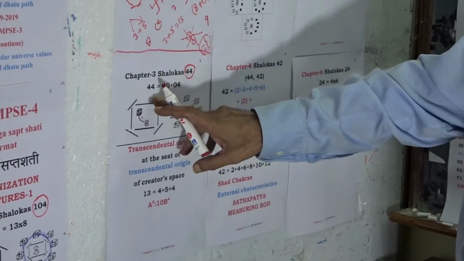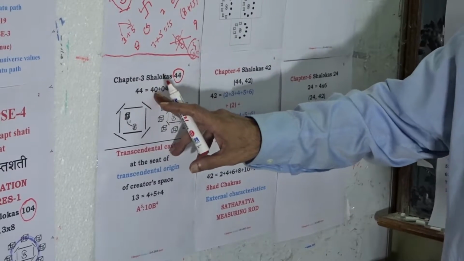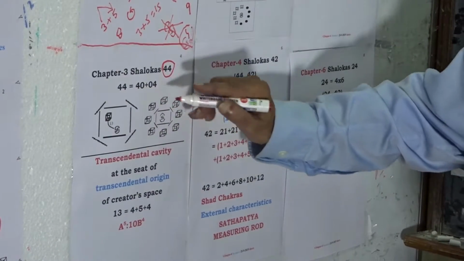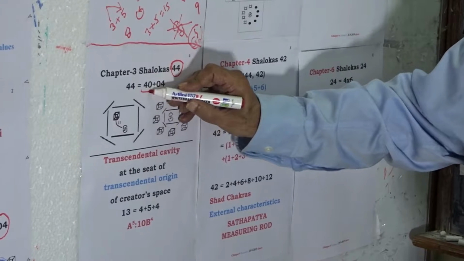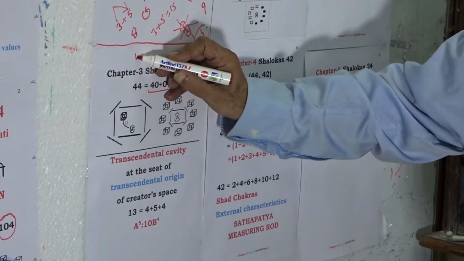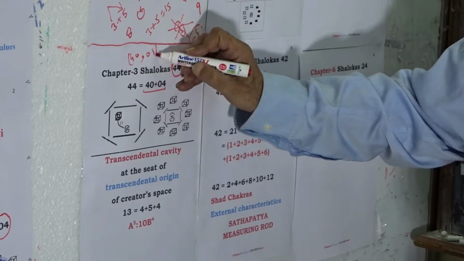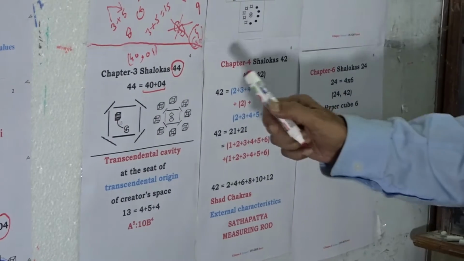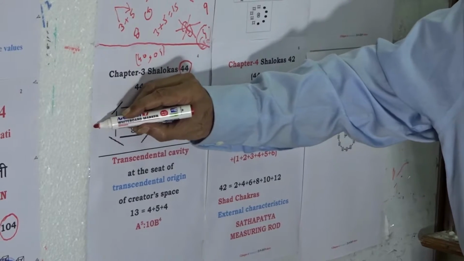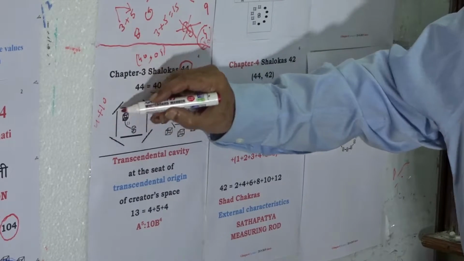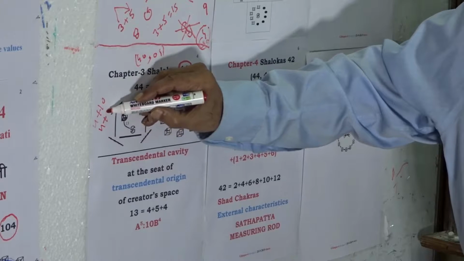We know value 44 is equal to 40 plus 4. This is a reflection pair. This 40 value and 04 value constitutes a reflection pair. Further we know that this value 40 is equal to 4 into 10, and this 4 itself is 4 into 1.